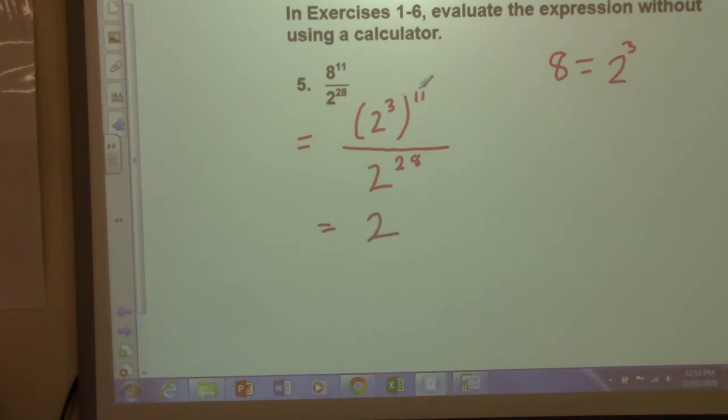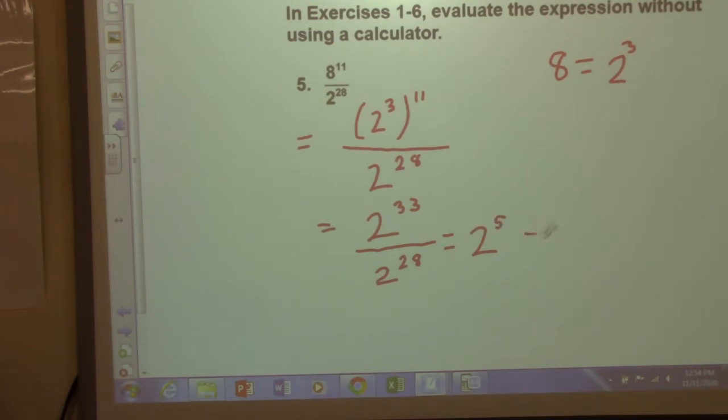2 to the 33rd power minus 28. By the rule of quotients, that's going to be 2 to the 5th power.